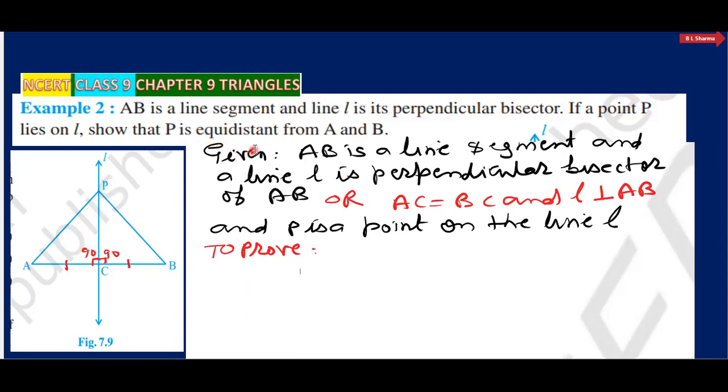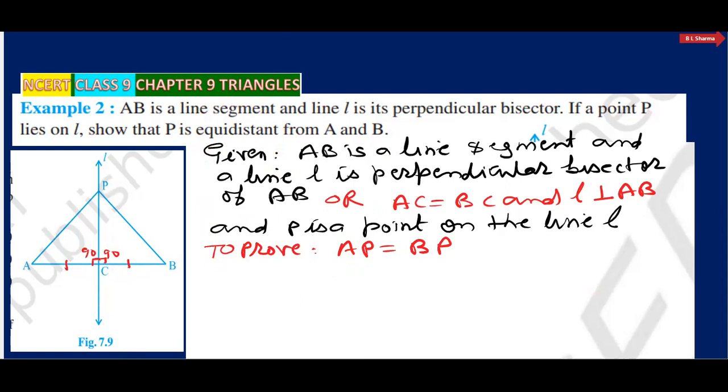Equidistant means equal distance पे है from A and B. Means we have to prove that AP is equal to BP. P A पॉइंट से और B पॉइंट से इक्वल डिस्टेंस पे है। Equidistant means equal distance, and we have to prove that AP is equal to BP.